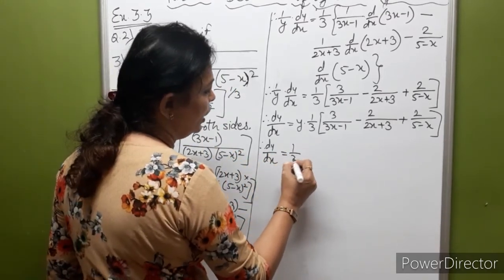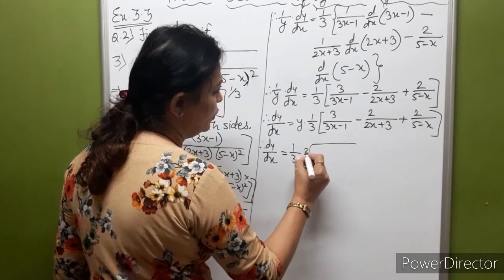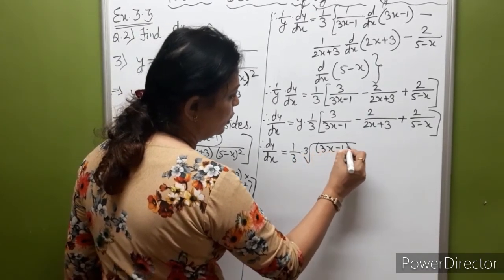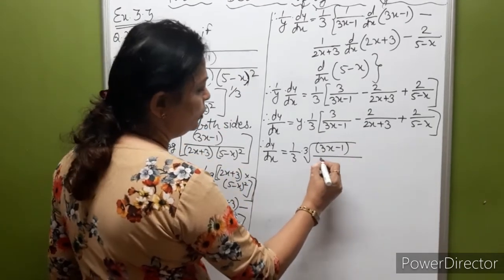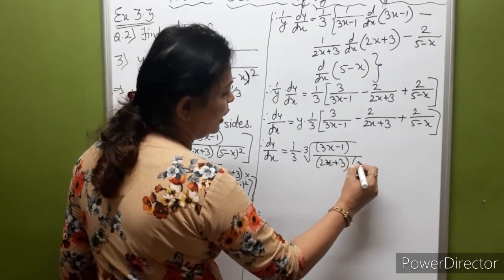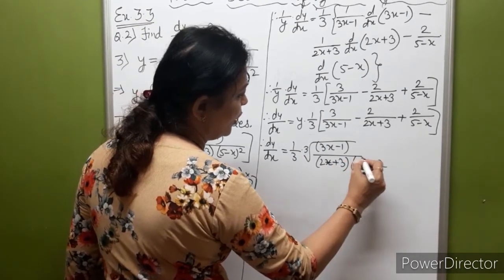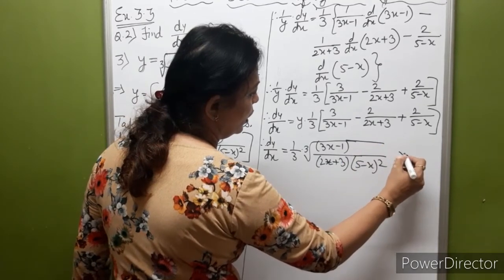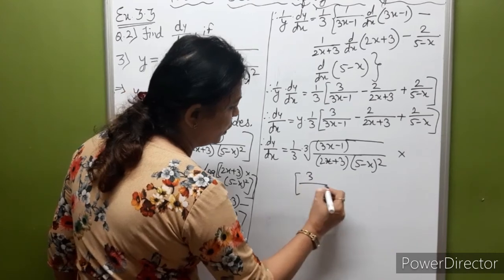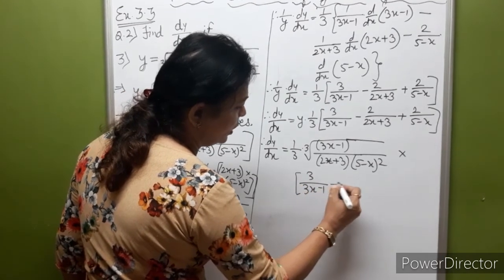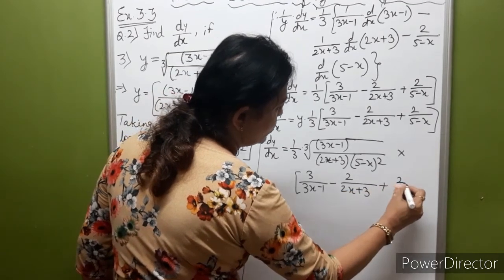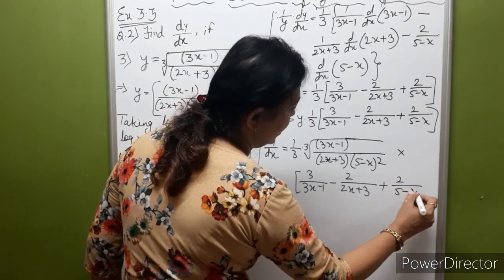So 1 upon 3 into cube root of 3x minus 1 upon 2x plus 3 into 5 minus x bracket square, into this whole thing: 3 upon 3x minus 1 minus 2 upon 2x plus 3 plus 2 upon 5 minus x.